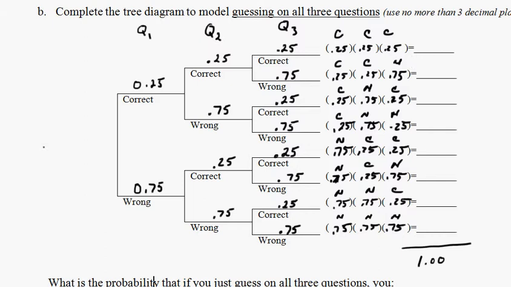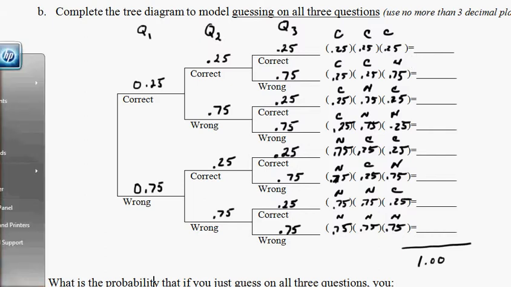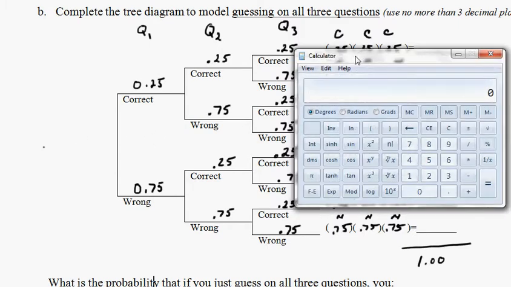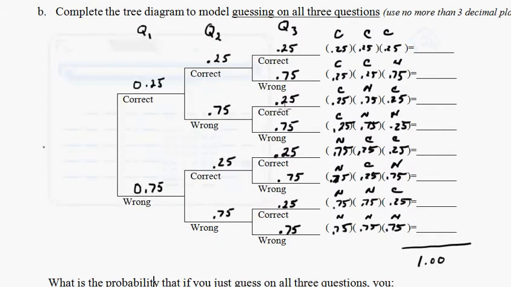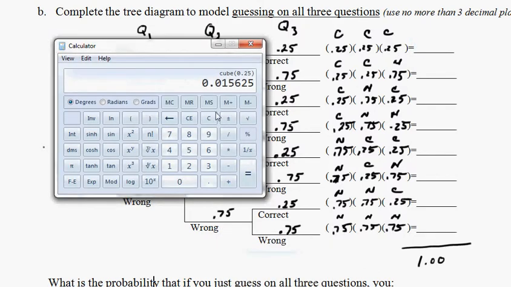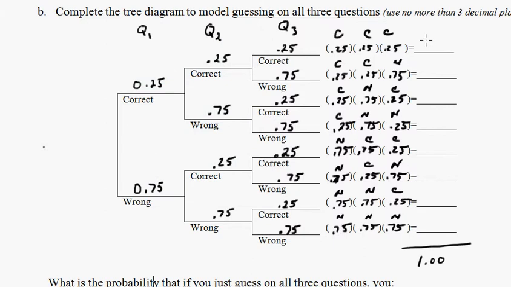But we have to multiply these all out. There are some shortcuts that you can take, but let's just see. 0.25 cubed is, let's go 3 decimal places, 0.016.